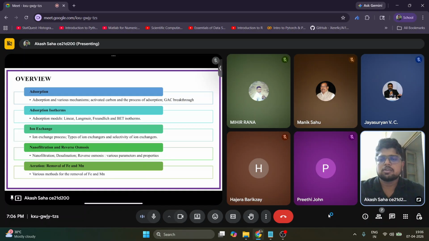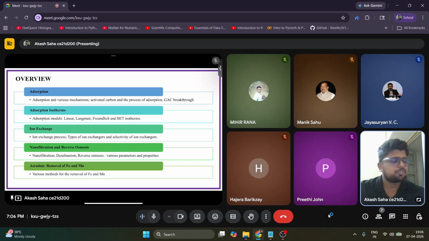And then we talked about filtration processes like nanofiltration and reverse osmosis in particular, and the various parameters and properties related to them. And finally, we discussed the process of aeration, where we talked about the removal of ferrous and manganese, and the various methods related to that. So this was the overview of small topics, but all related to water treatment.